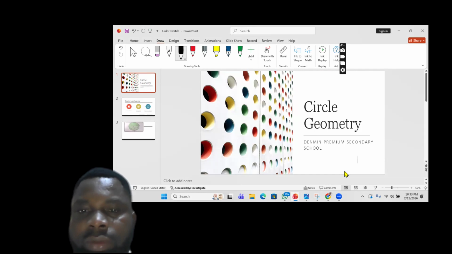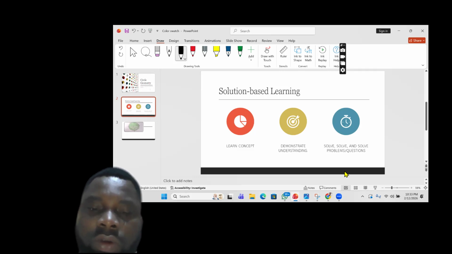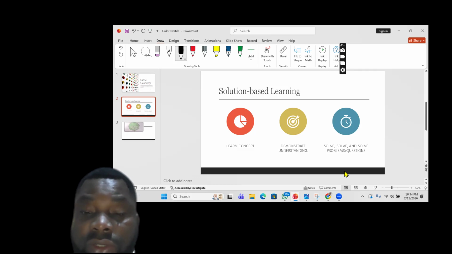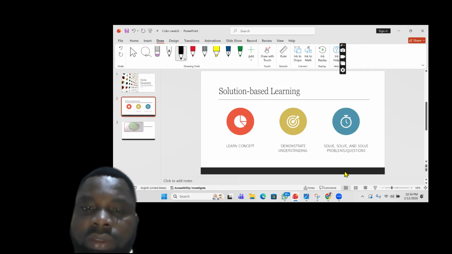Before I solve the question that we have here, our method of handling our learning is solution-based learning. First of all, we understand the concept, we ensure that the children demonstrate understanding, and then the next stage is to solve problems and questions.